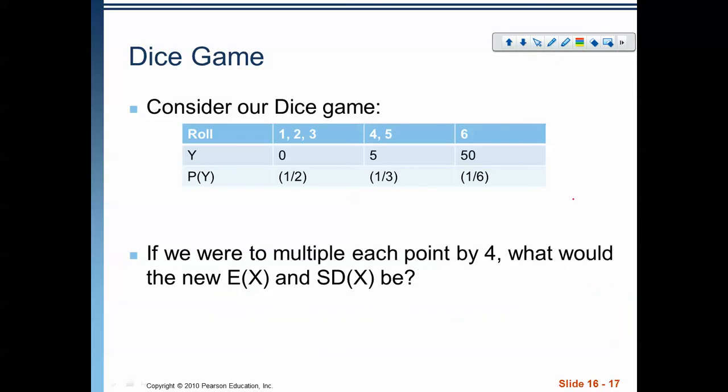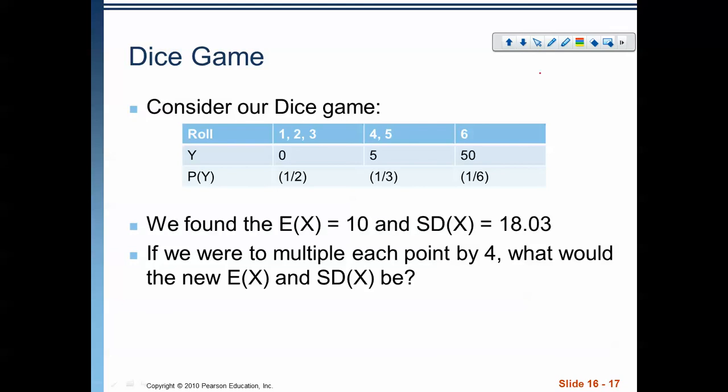What if, instead of adding 10 to each one, we were multiplying each point by 4? Again, originals were 10 and 18.3. What would that be? Well, E of a times X is simply a times E of X. So this is going to be 4 times 10 for 40.